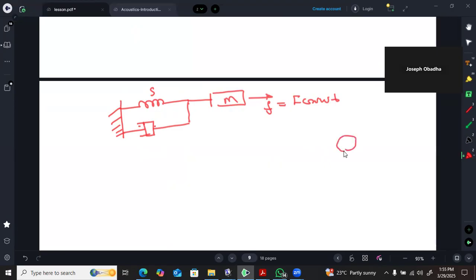We can have our source, so that we have this R, C.